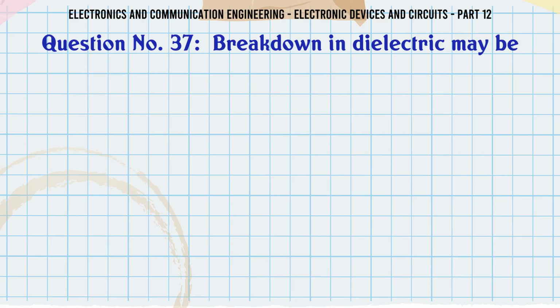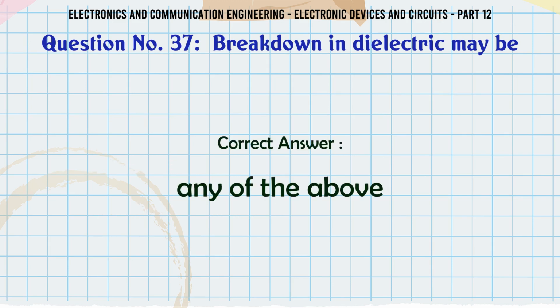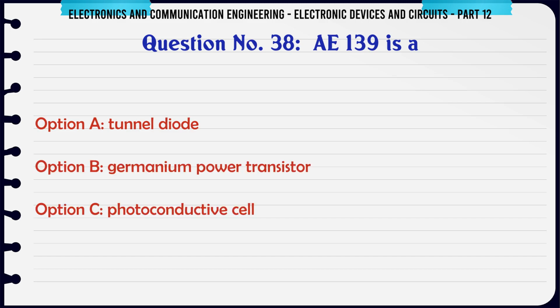Breakdown in dielectric may be A) electrical breakdown, B) thermal breakdown, C) electrochemical breakdown, D) any of the above. The correct answer is any of the above. AE139 is A) a tunnel diode, B) a germanium power transistor, C) a photoconductive cell, D) a silicon diode.